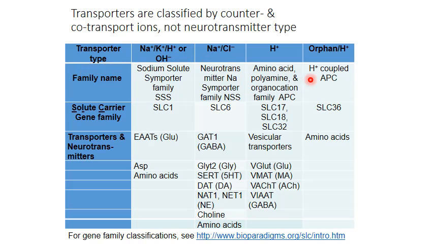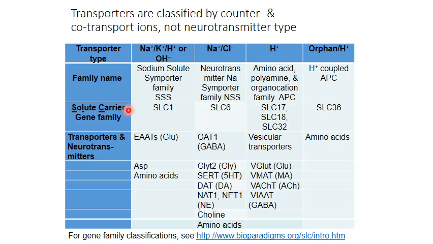It turns out all of these families are part of a much greater gene family called the solute carrier gene family, SLC, for solute carrier. And this family has hundreds of isoforms and different proteins in it. It's huge.